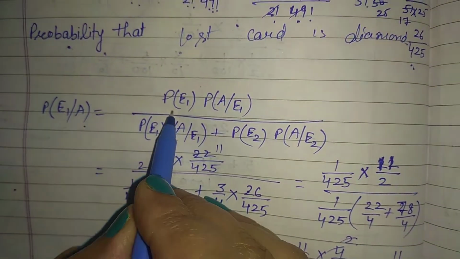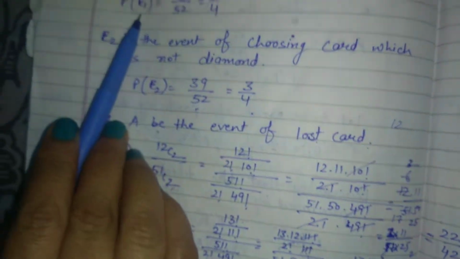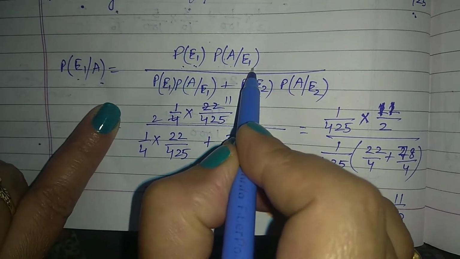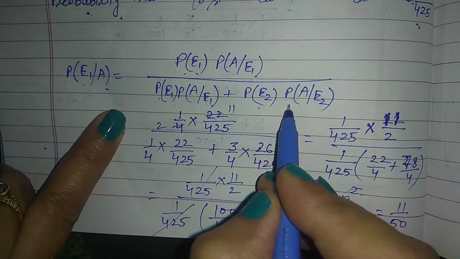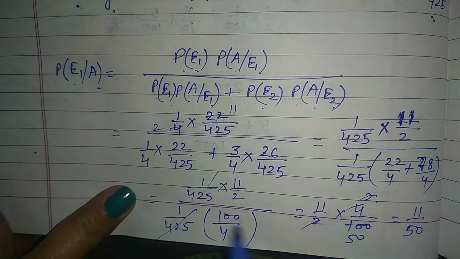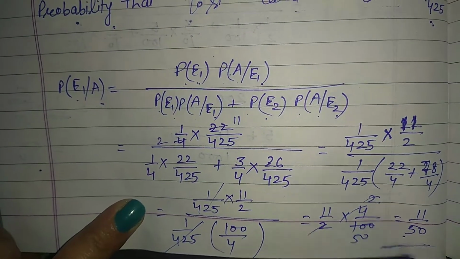Okay, so what is the probability? P(E1|A), because the first case we have taken is E1, where the lost card is a diamond. So what is this P(E1|A)? P(E1) into P(A|E1) upon P(E1) into P(A|E1) plus P(E2) into P(A|E2). So put the values of these. After solving these, we will get the answer 11 upon 50. So this is the answer. Okay.